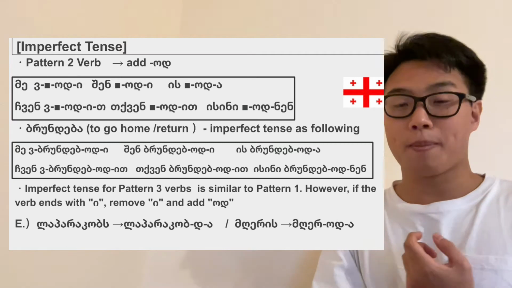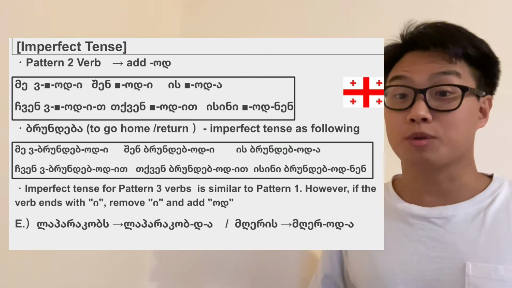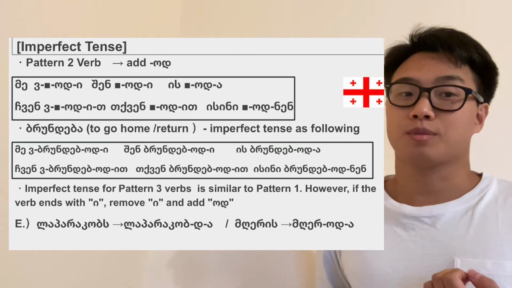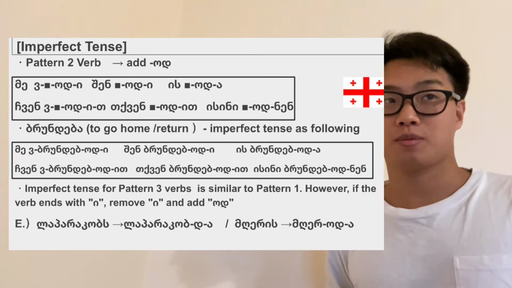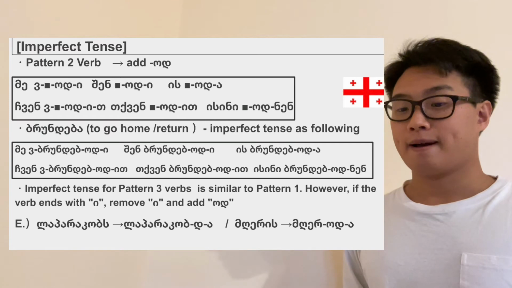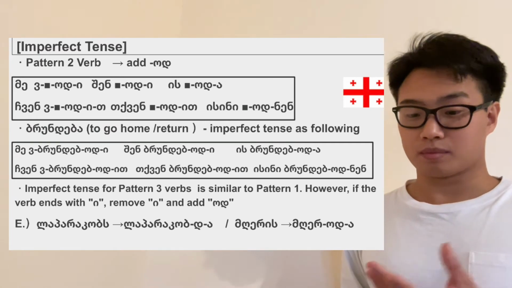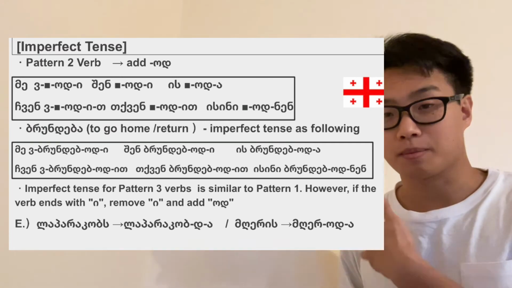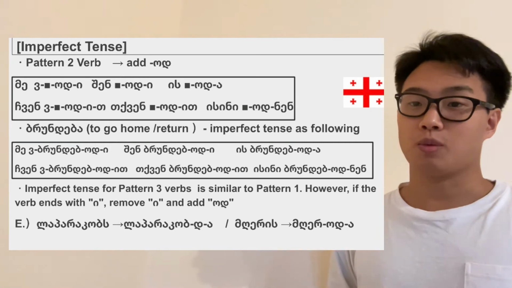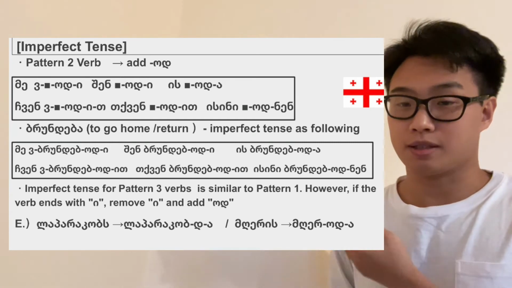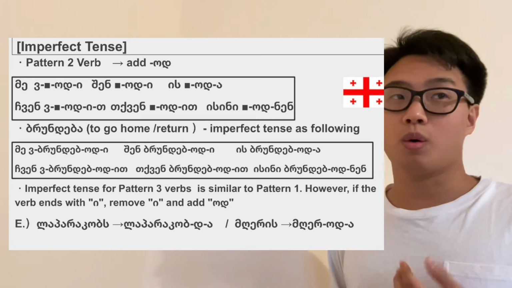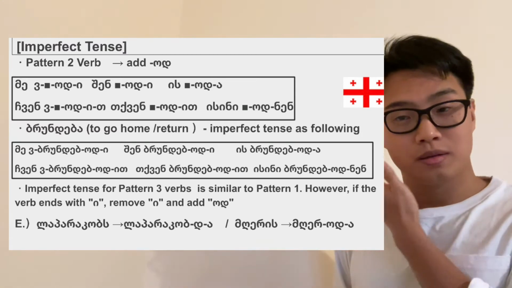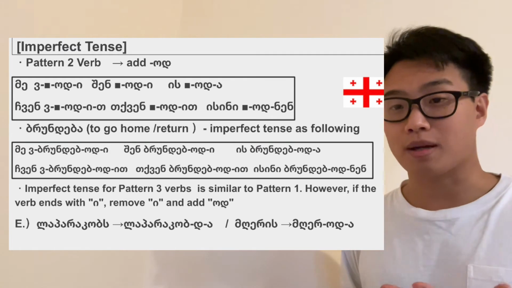So for example, lapalakos, to speak, right? But I was speaking, he was speaking, you were speaking. Since it's a pattern 3 verb, which is the same as pattern 1, all we have to add is do to the present tense to make the imperfect tense.